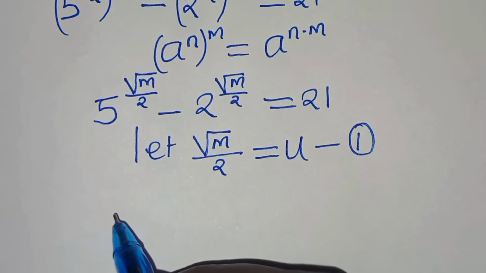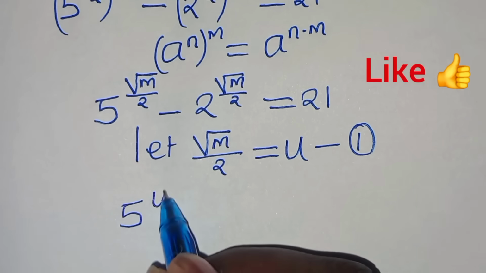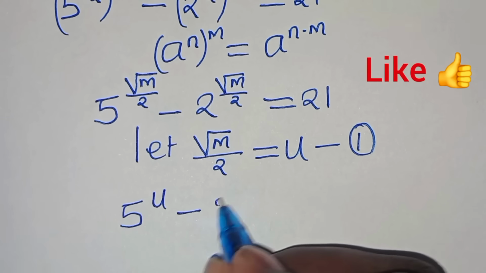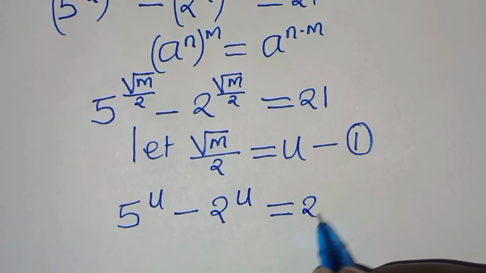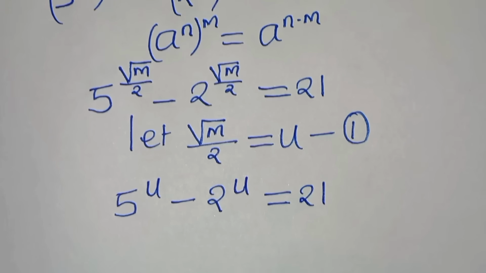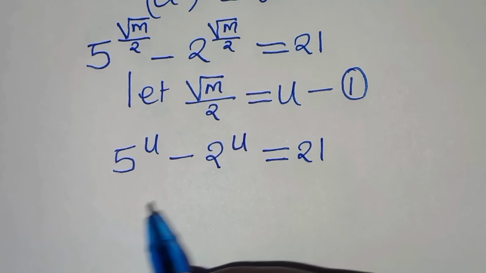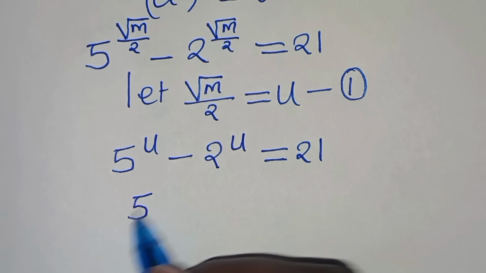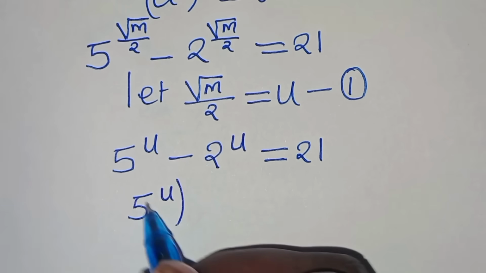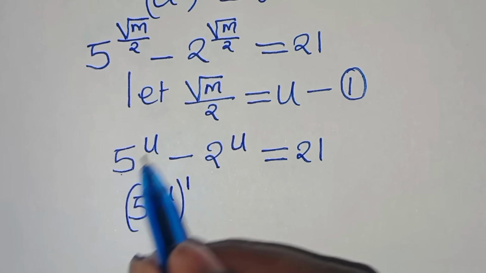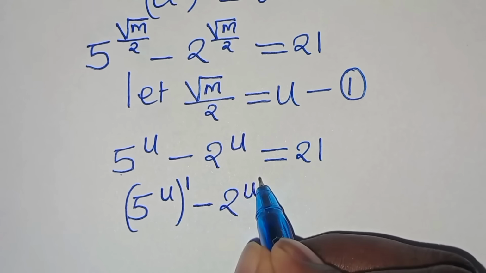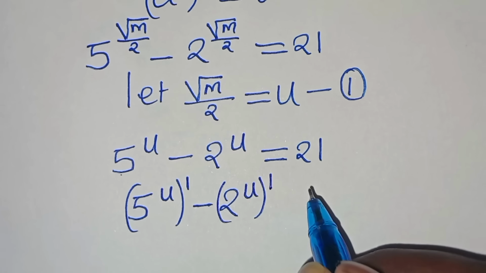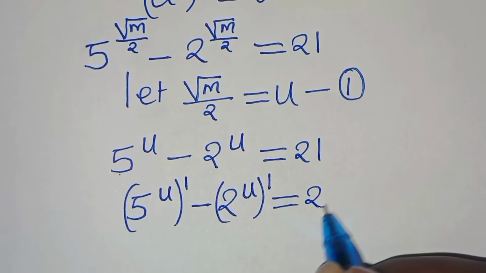In this case, we have 5 to the power of u minus 2 to the power of u, equal to 21. Remember, this is the same thing as 5 to the power of u raised to the power of 1, minus 2 to the power of u raised to the power of 1, equal to 21.